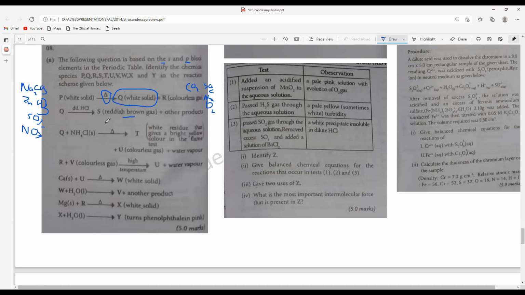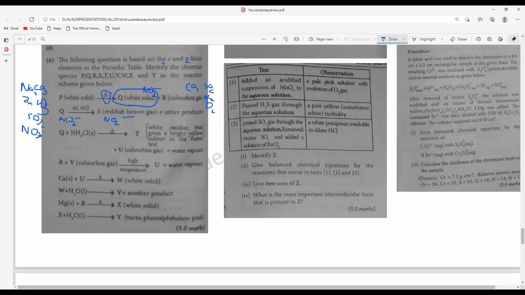Now at this point, it gives the idea that this should be NO2 gas coming out, because when you have diluted HCl, this NO2 gas can come out from NO2 minus. So the anion in the white solid should be NO2 minus. That is how you can identify.